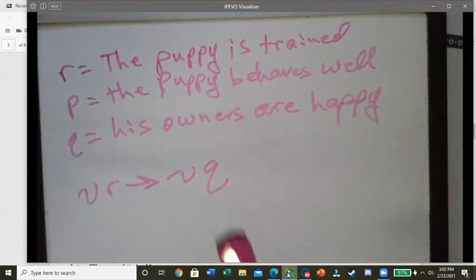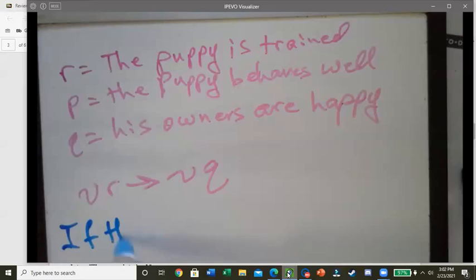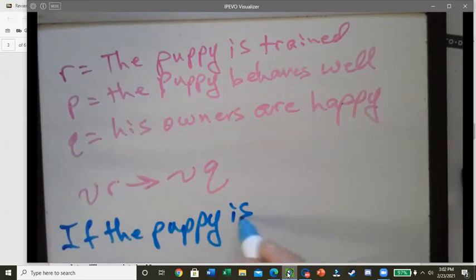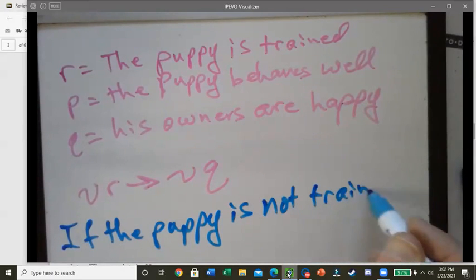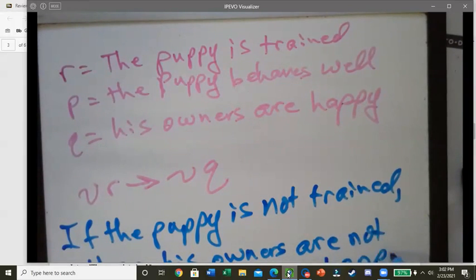Okay, R, so we're saying not R. Since R is the puppy is trained, then not R would be, since we're using an if-then statement, if the puppy is not trained, comma, then Q is his owners are... So then if the puppy is not trained, then his owners are not happy.